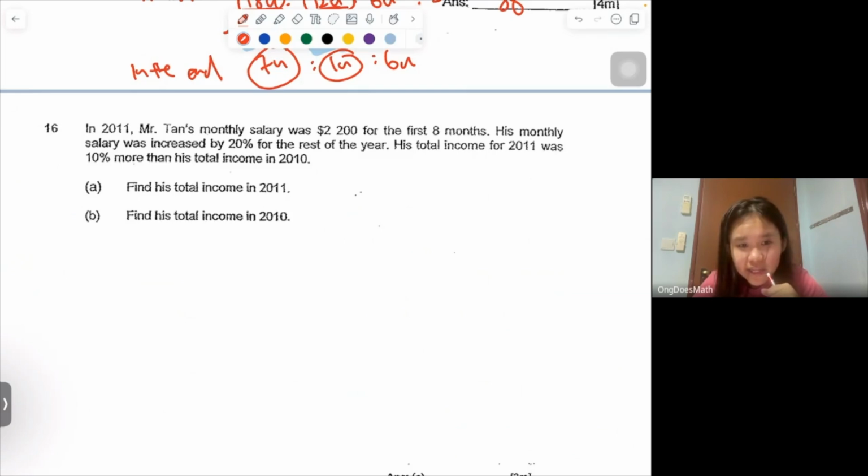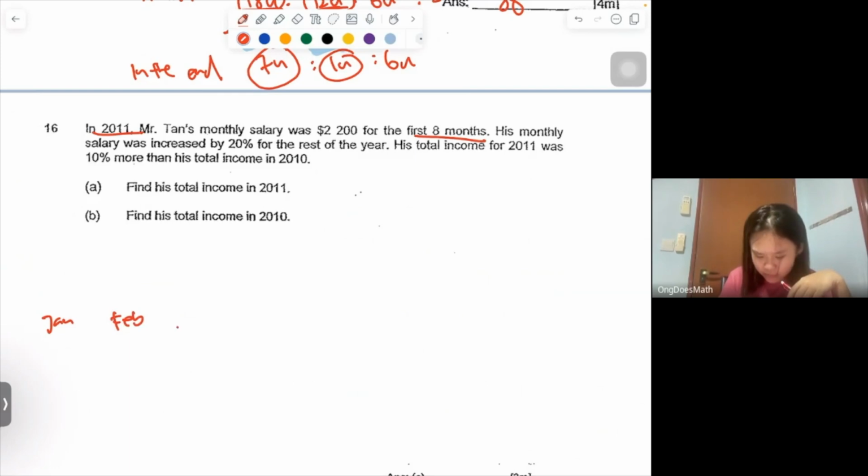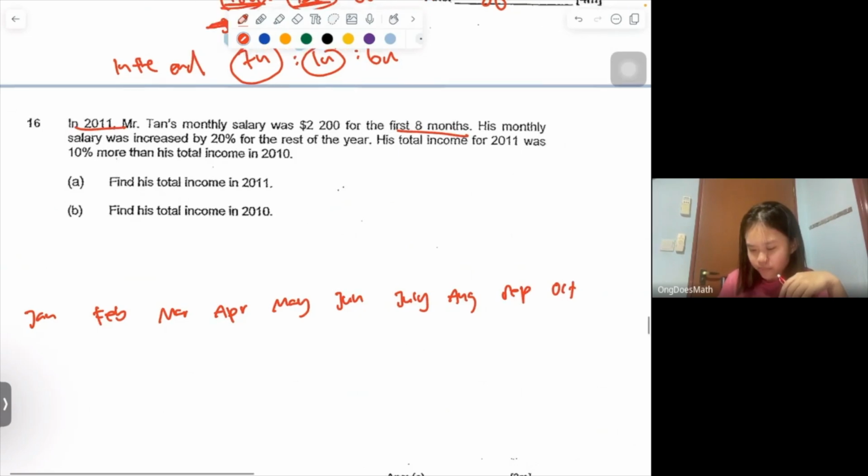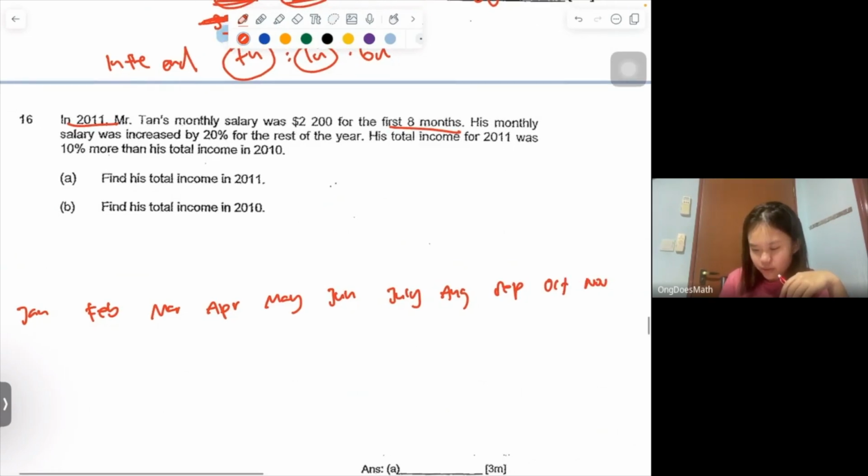Part A asks you to find his total income in 2011. So in 2011, for the first 8 months, so January, February, March, April, May, June, July, August, September, October, November, December.